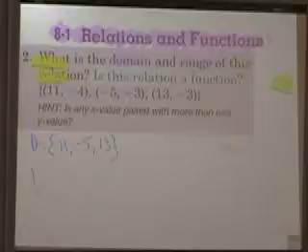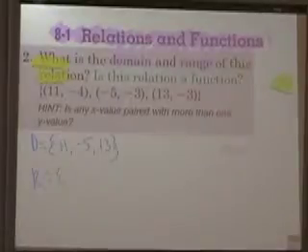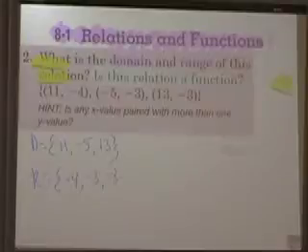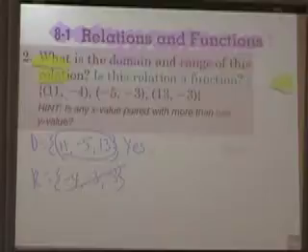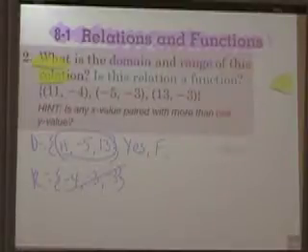Good. What's the range, Natalia? -4, -3, -3. Good. Now, is this a function? Yes, because no number occurs twice in the domain. The range doesn't matter. So yes, it is a function.